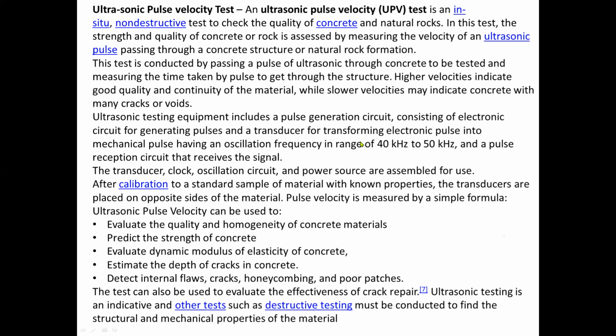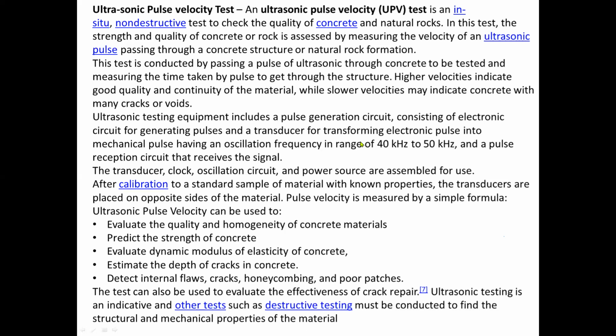The transducer, clock, oscillation circuit, and power source are assembled for use. After calibration to a standard sample of material with known properties, the transducers are placed on opposite sides of the material. Pulse velocity is measured by a simple formula.